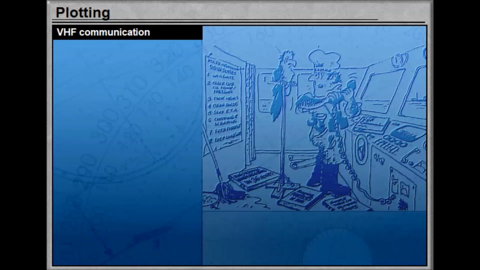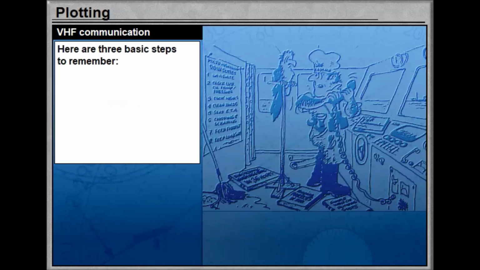The procedure of transmitting a VHF message should be in a form which is simple, concise, and has a logical sequence. The message itself should be brief but definite, as one wants to transmit using a minimum amount of time.